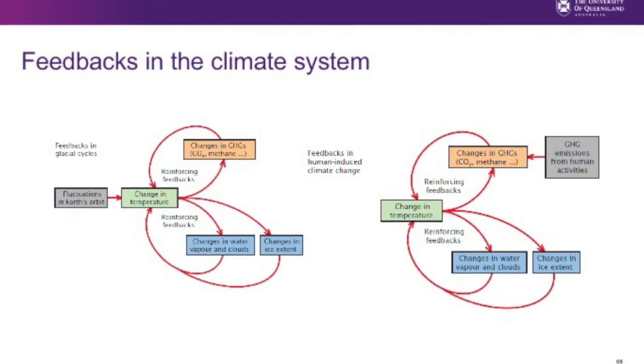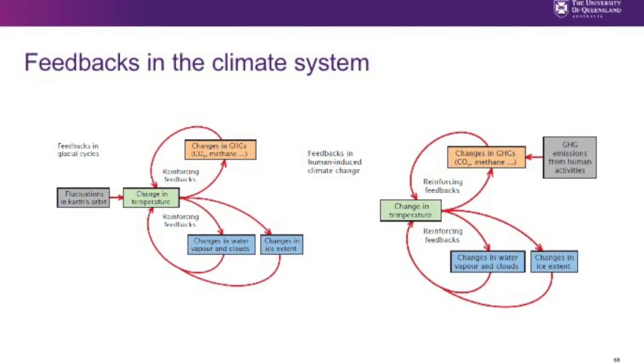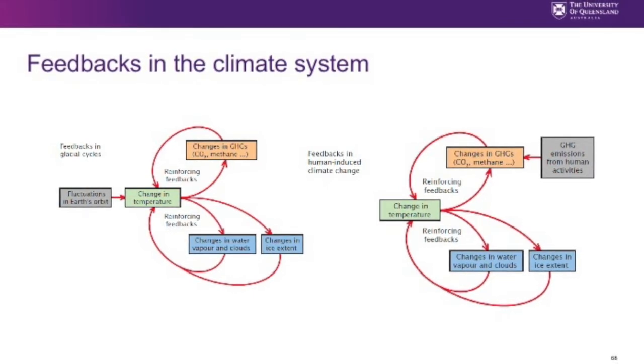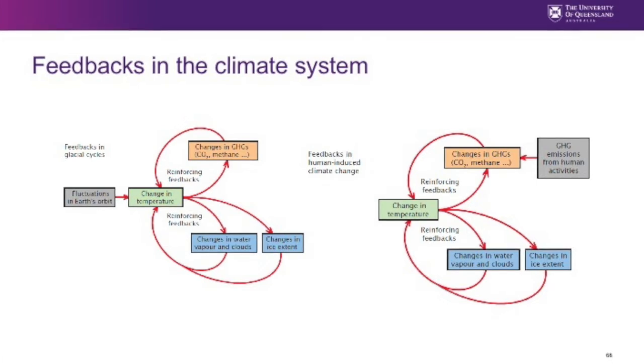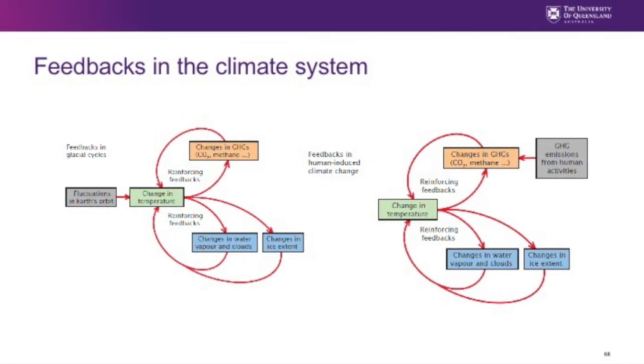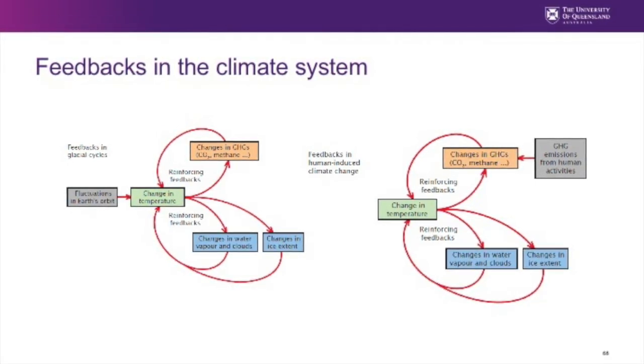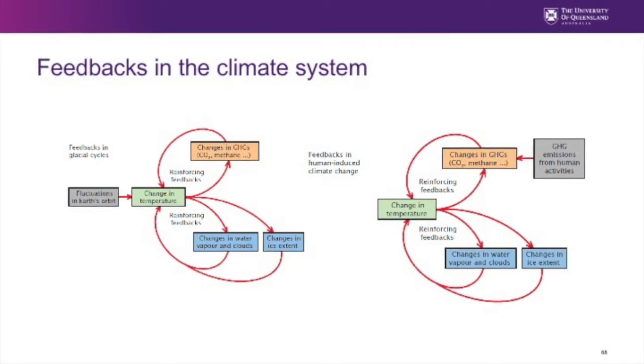In these figures, we can add whether an increase or change in greenhouse gas will increase the change in temperature or decrease it, and we will have negative and positive signs that give us a better indication of the overall impact.